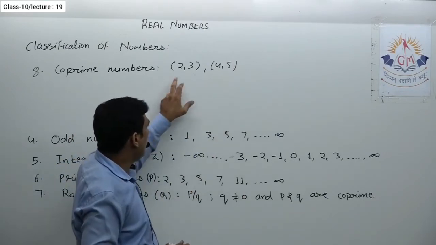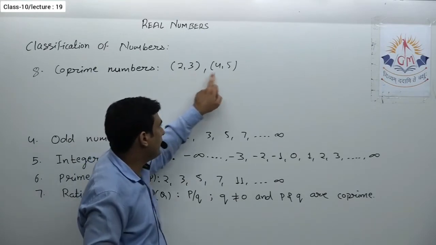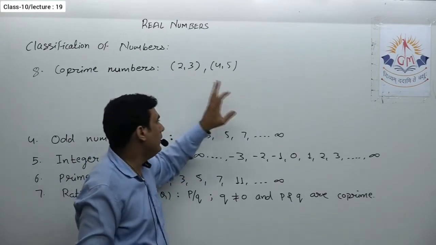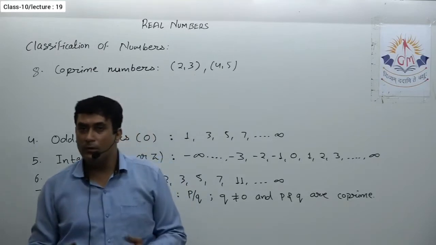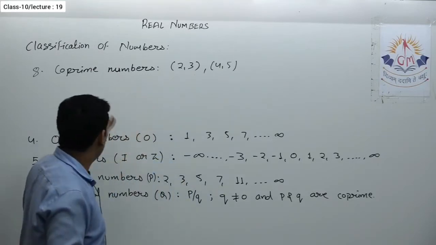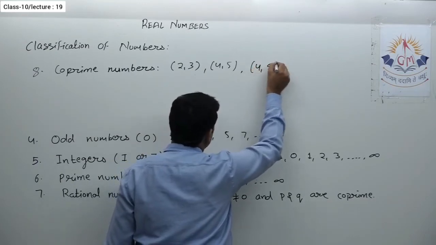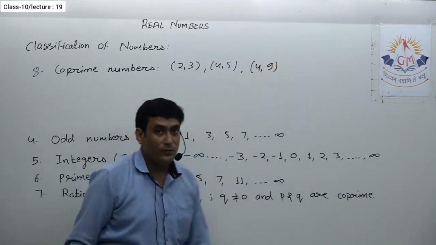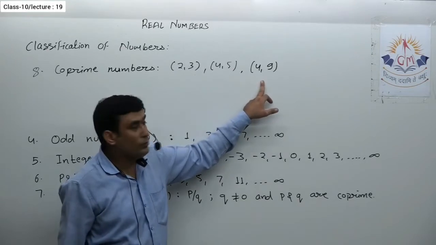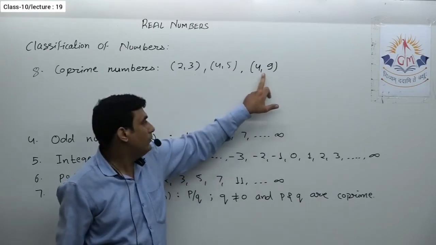One more thing: you can see these are consecutive numbers, and these are again consecutive numbers. Any pair of consecutive numbers always represents a pair of co-prime numbers. Now 4 and 9 also form a pair of co-prime numbers because they do not have any common factor other than 1.